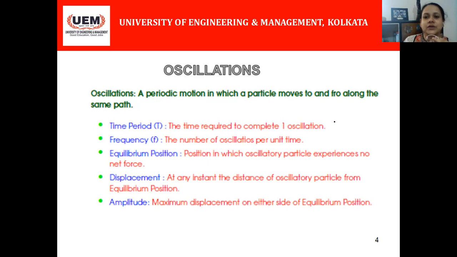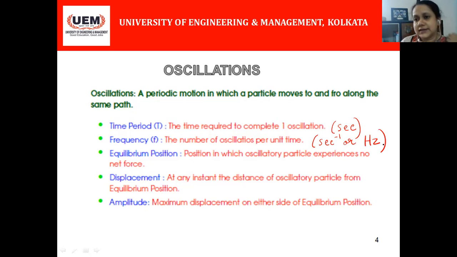And as we know, in SI units, the unit of time period is seconds. Next is frequency. Frequency of oscillatory motion is the number of oscillations per unit time. So its unit is second inverse or hertz.